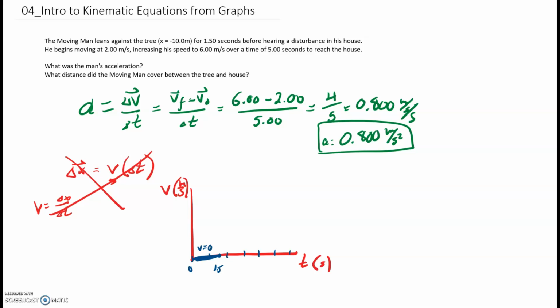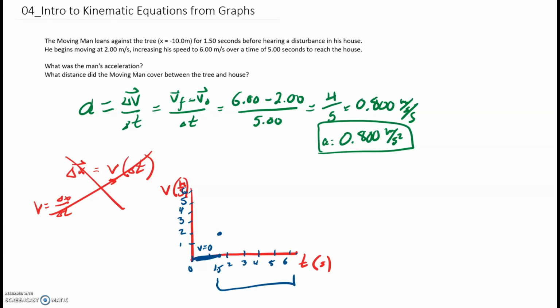He then hears a disturbance in his house and begins moving at 2 meters per second. So he immediately jumps up to 2 meters per second. And from there, he takes an additional 5 seconds to reach the house. So from 1.5 to 6.5.